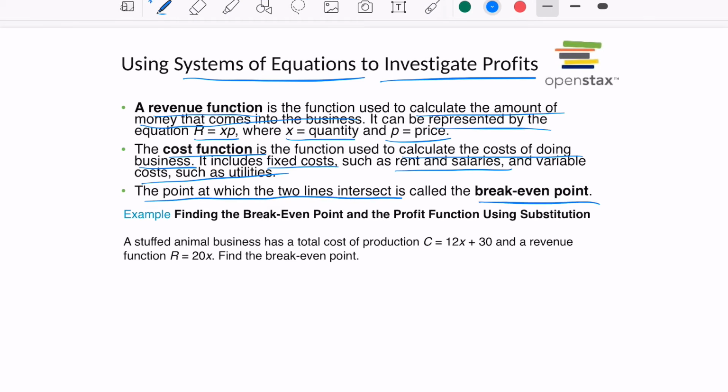So you have two equations here, r equals 20x and c equals 12x plus 30. They're asking us to find the break-even point. Basically they're asking us to judge where the points will come together. So one way of doing this is to take both the equations here, 12x plus 30 and 20x.